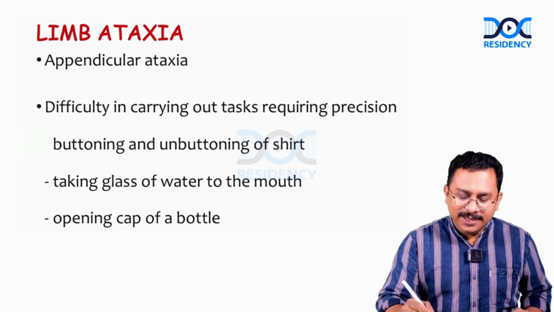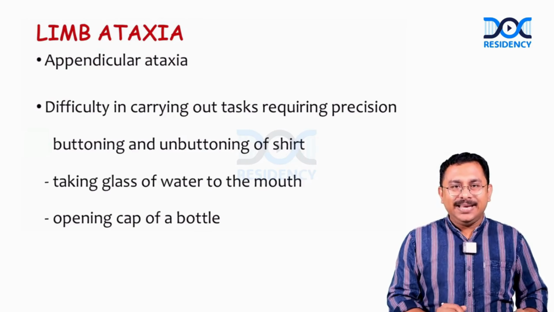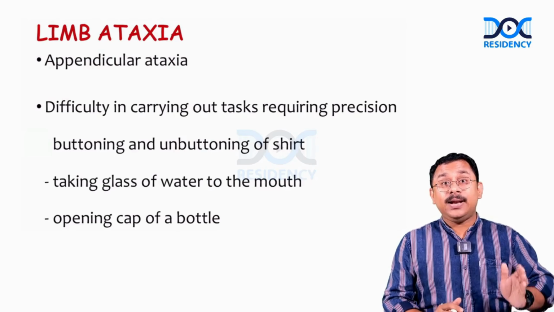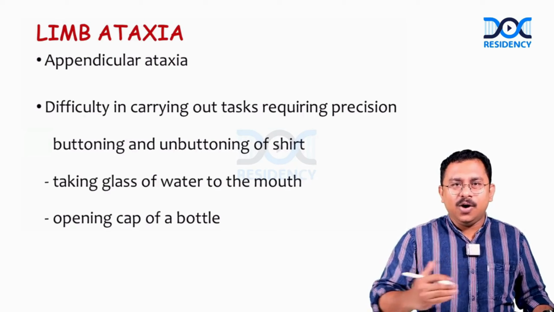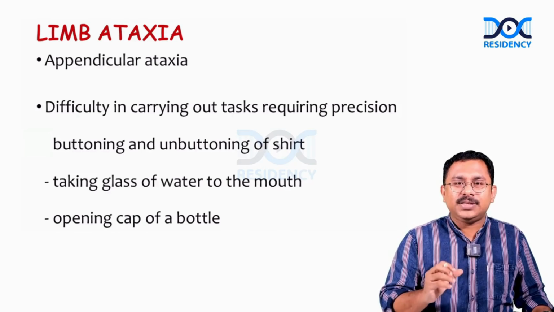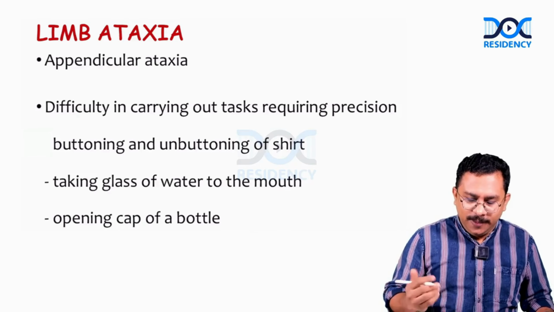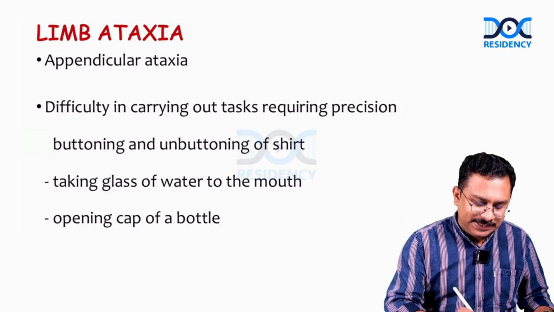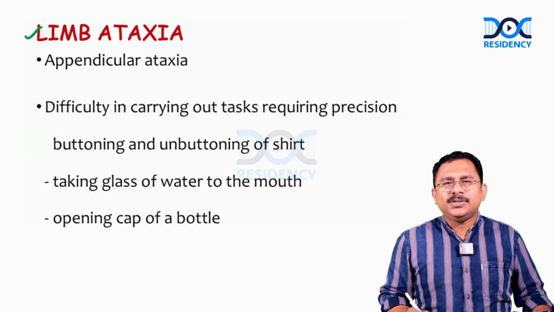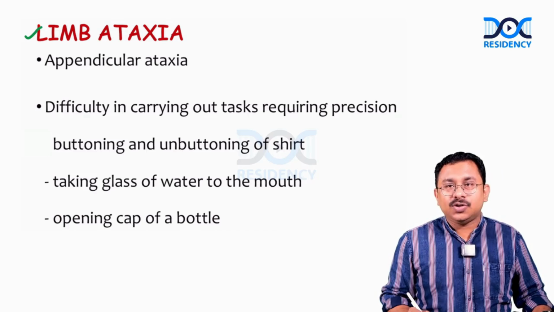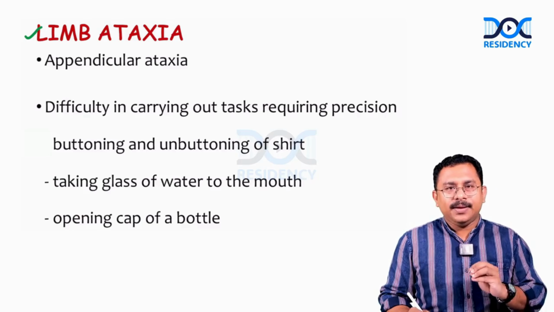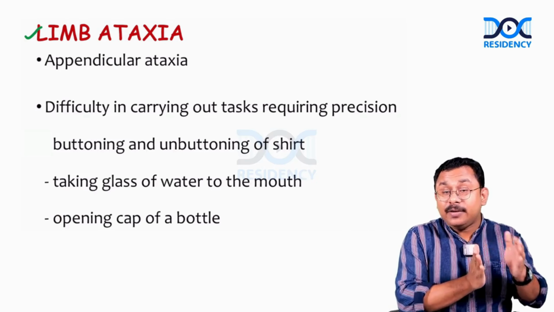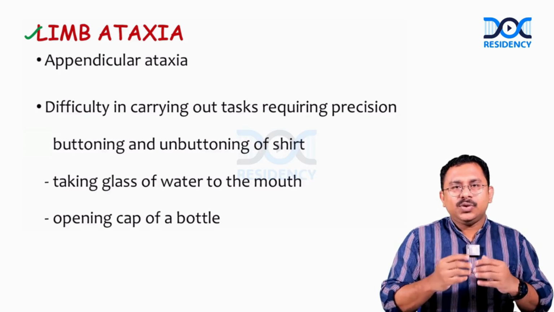Moving to the next set of clinical features, most of which are due to lesions affecting the cerebellar hemispheres. Whatever we are going to discuss are mainly features of hemispheric lesions. Now see limb ataxia. Limb ataxia is also called appendicular ataxia. This is different from gait ataxia.